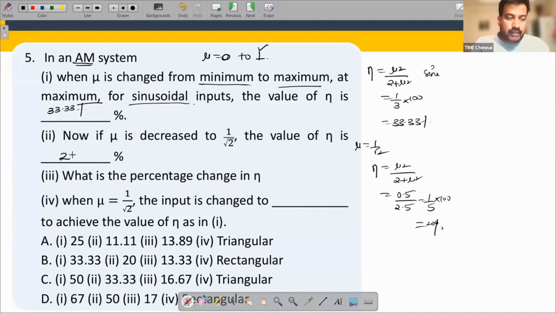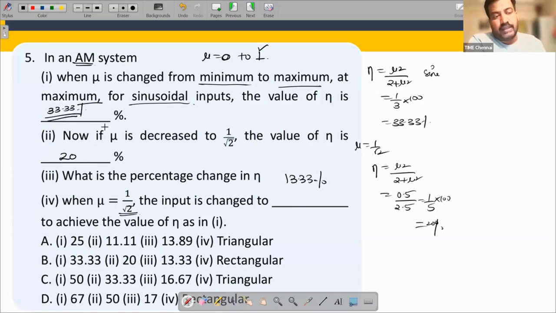Eta is 20%. What is the percentage change in eta? From 33.33, it has decreased to 20, so the percentage change is 13.33%. When mu is equal to 1 by root 2, the input is changed to dash to achieve the value of eta as in 1.